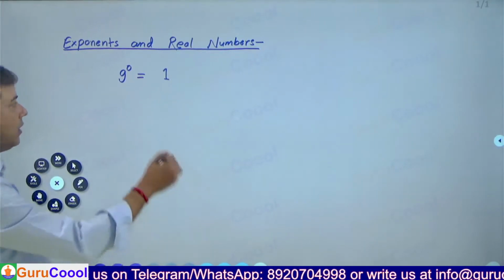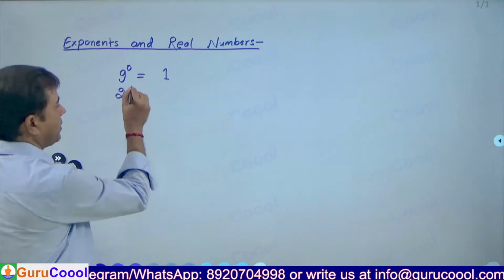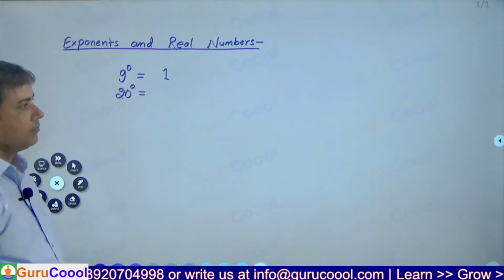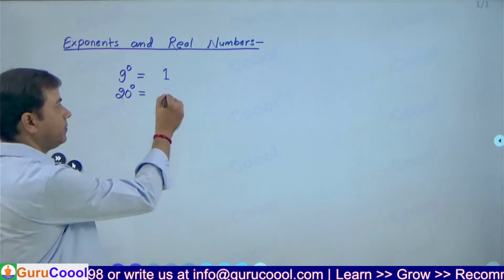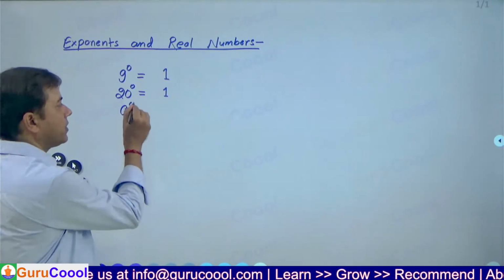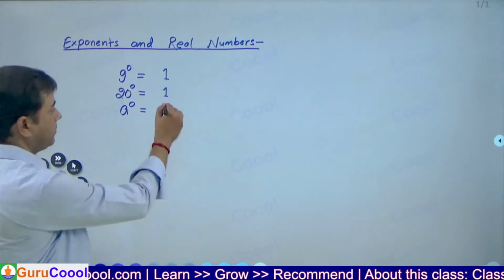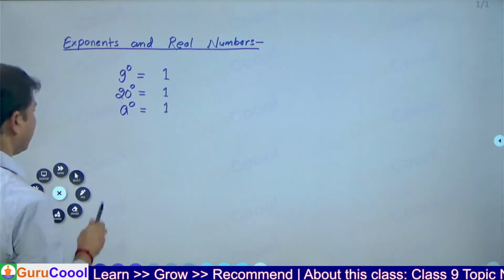If I ask you 20 raised to the power 0, what's your answer? One. What is a raised to the power 0? One. Okay.